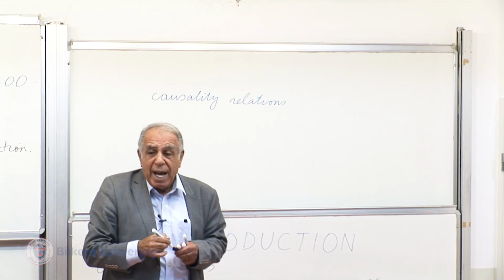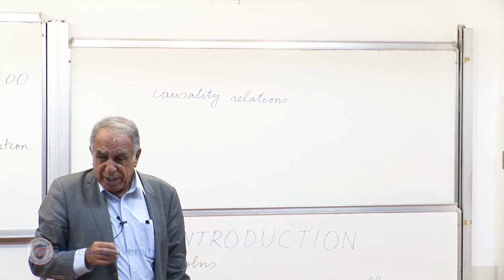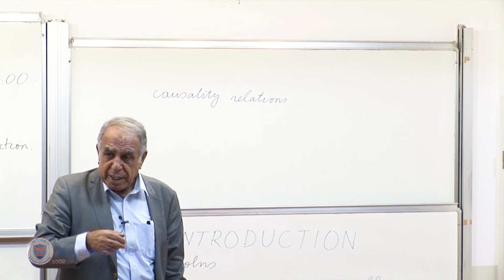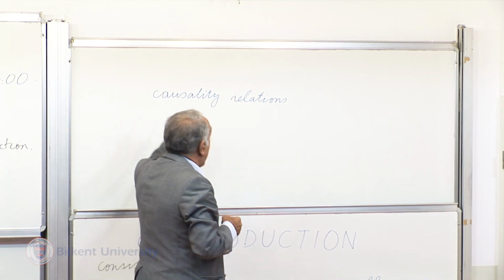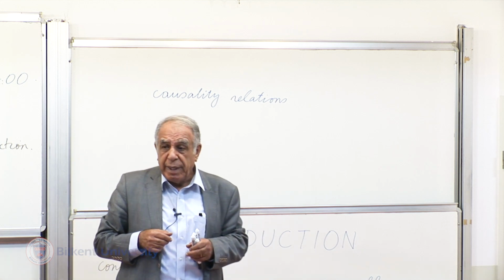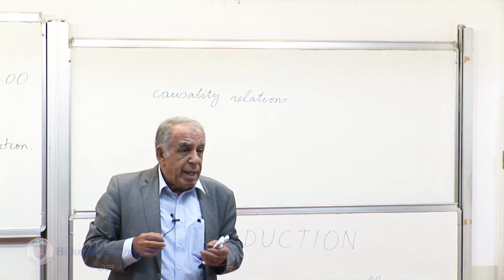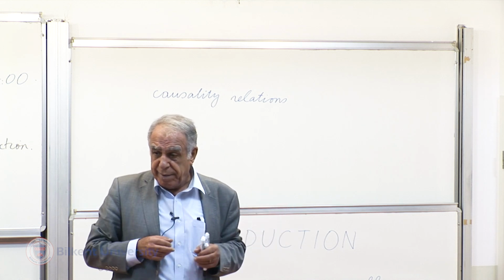Which underlie, which explain the change, the evolution of phenomena, and allows us predictions. Now, how do we discover causality relations in science? Well, the place where this happens is theory.